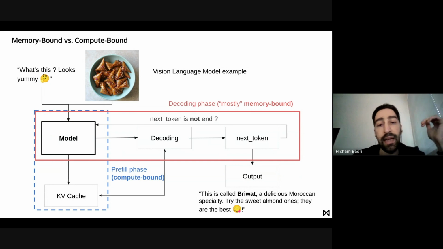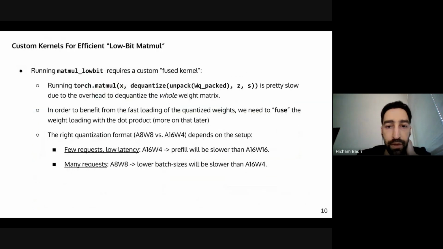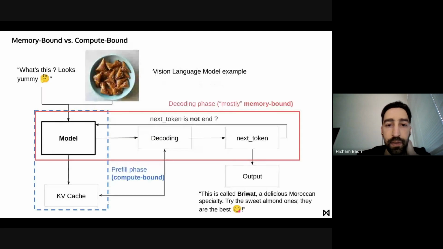So it really depends on the situation which one will be faster. It's very important to keep this in mind, because the choice of which version you would use depends on your situation.